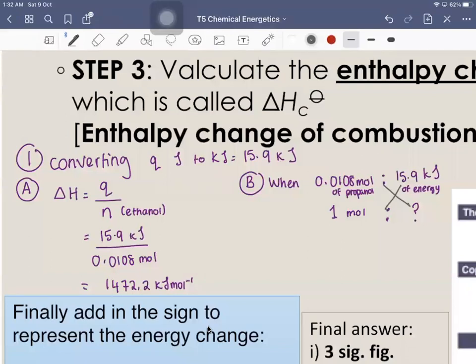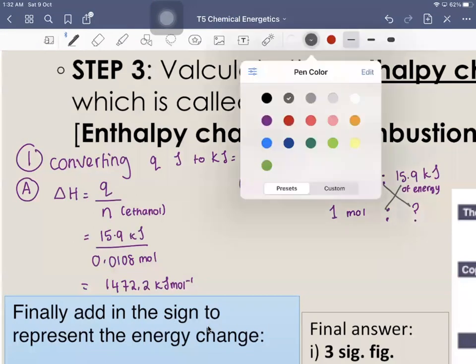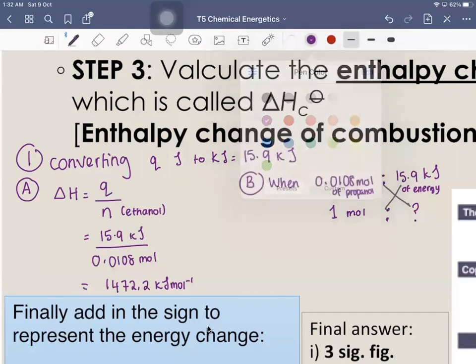Lastly, the final answer is delta H, the enthalpy change of combustion of propan-1-ol. You can use the structural formula, no problem.